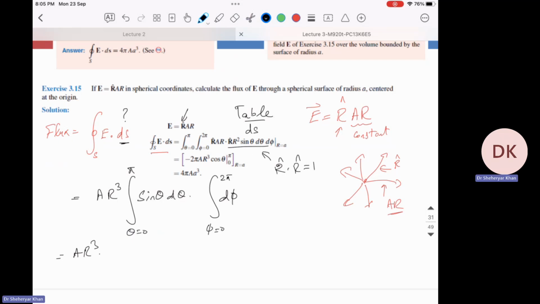Sine theta integration is minus cos theta from 0 to pi, and phi integration is 2 pi. Actually, it's pi, but you can directly write 2 pi.